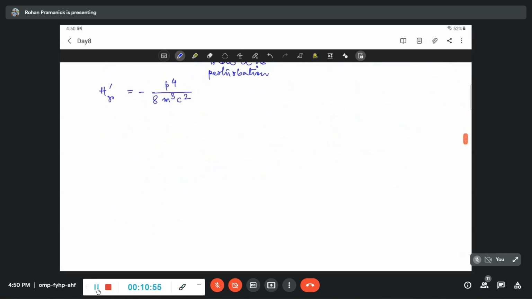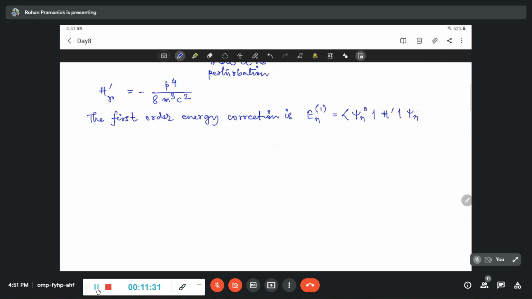Okay. So all of you know that up to first order the energy correction is written as, with the previous notation, E n 1 equals psi n 0, H prime, psi n 0.